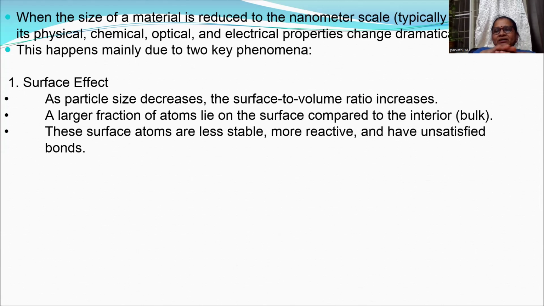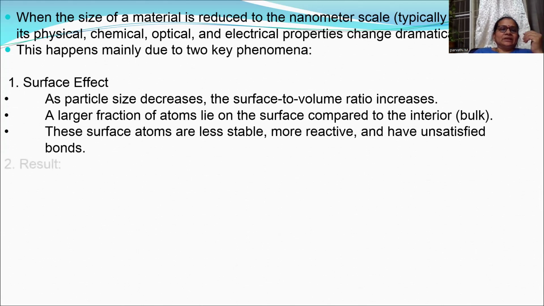As the particle becomes layer-like, all the atoms appear on the surface. So the surface atoms are less stable. Even with small energy they may come out of their local position and react with other atoms. They are more reactive and have unsatisfied bonds, and their bonds are very brittle.